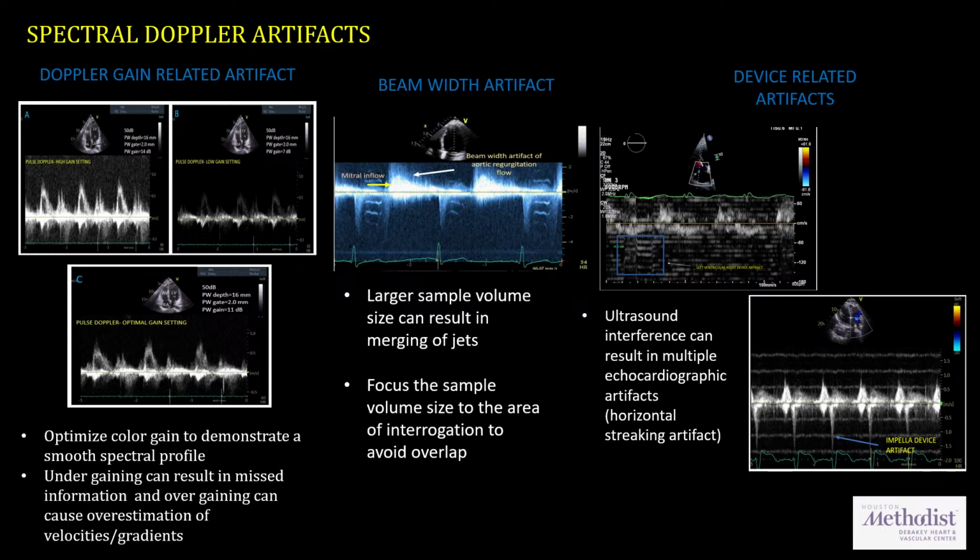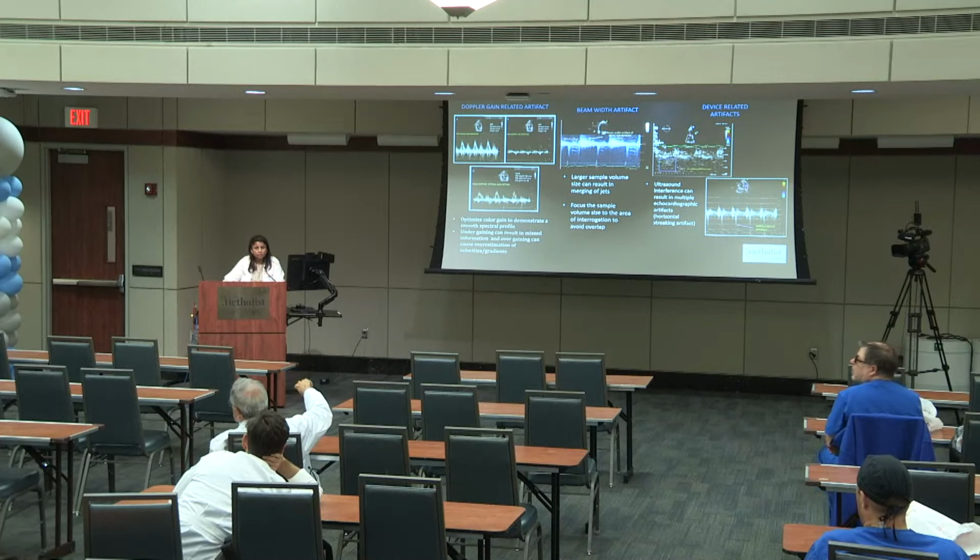You almost see multiple. One thing worth mentioning is that one common phenomenon of that beam artifact that creates issues in the report is TR. When you get TR, particularly with contrast, you get these very soft echoes that make a velocity of 2.5 become 3.5.